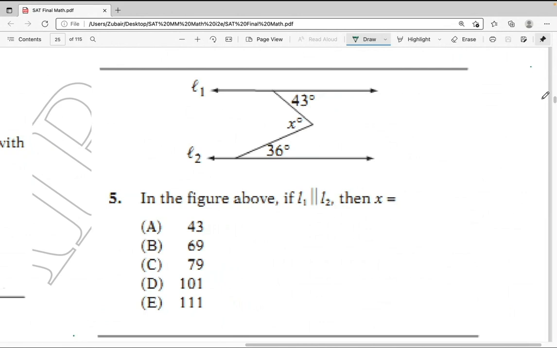Almost done. Yes, sir, almost done. I got 79. Correct. Yes, sir. So 79.